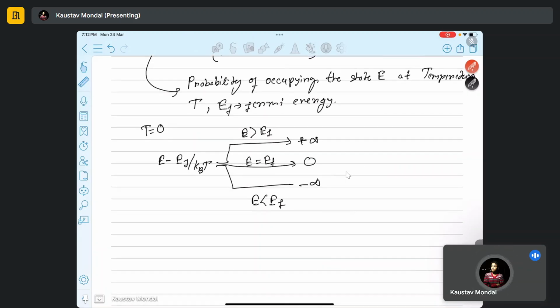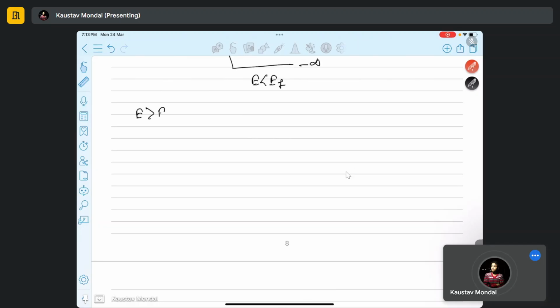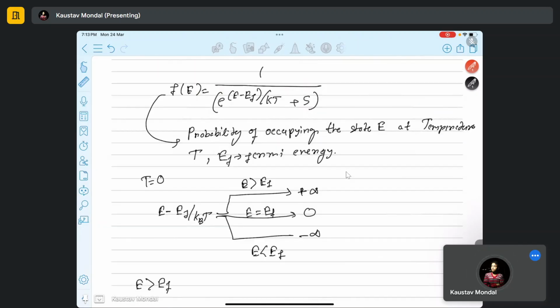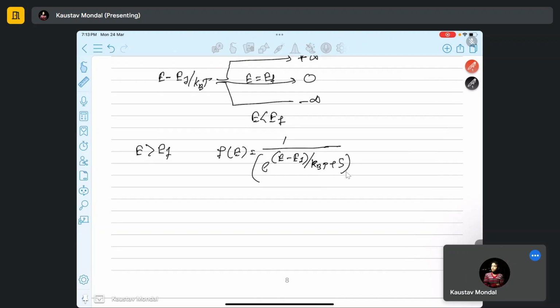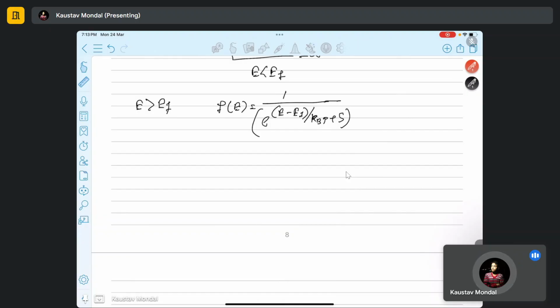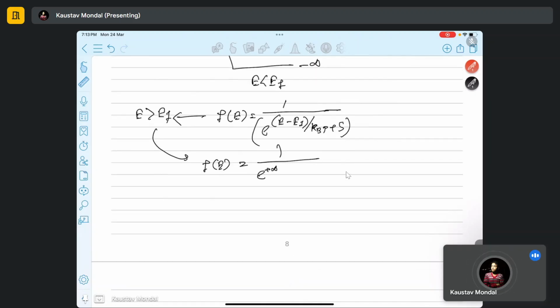Now if you substitute these things here, for E greater than EF, F(E) is basically 1 by e to the power E minus EF by kBT plus 5. For E greater than EF, we have discussed that the exponent will become plus infinity, so infinite plus 5.